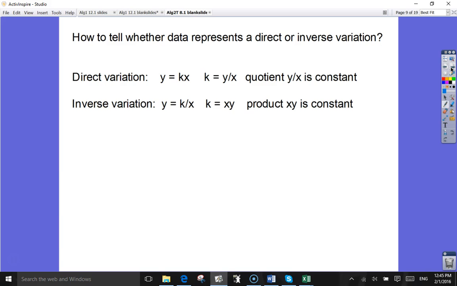So if you're given a bunch of x, y points, divide all the y's by the x's and see if you always get the same thing. If you do, it's direct. If you solve this one for k, you get k equals x times y. So it's the product which is constant. So just multiply them together and see if you always get the same thing. If you do, that means it's inverse variation.